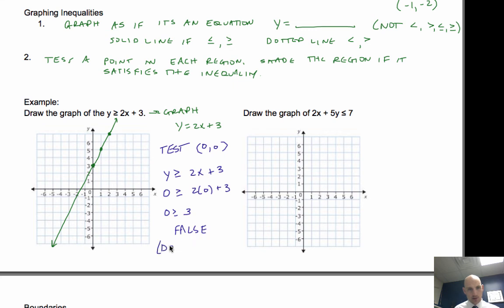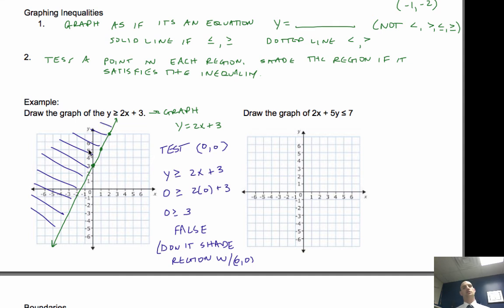So that means don't shade the region with 0, 0. Okay, so if it's true, you shade that region. If it's false, you don't shade that region. So I'm not going to shade down here. So the way I can draw my graph is like this. So this is the part that's shaded up here. It's above that line. Okay? That's all there is to it.